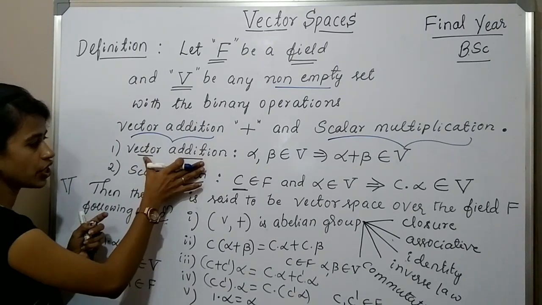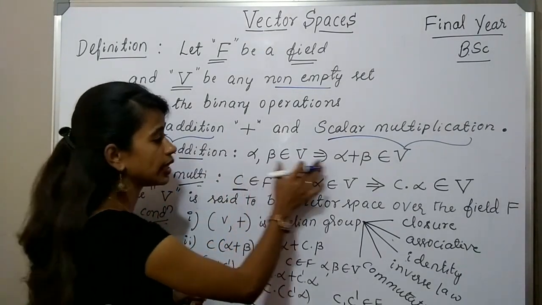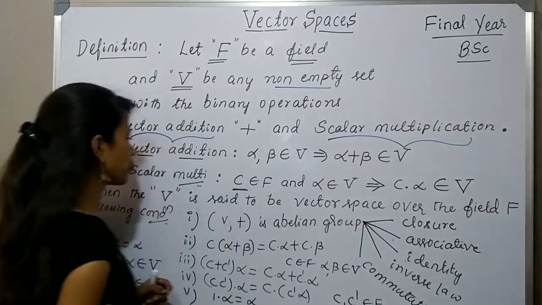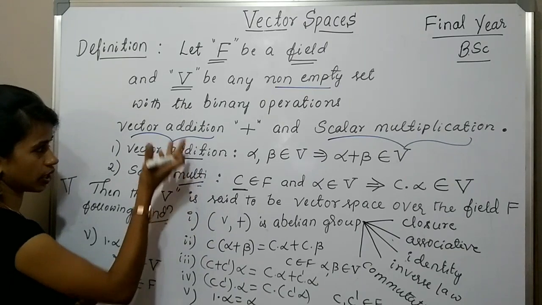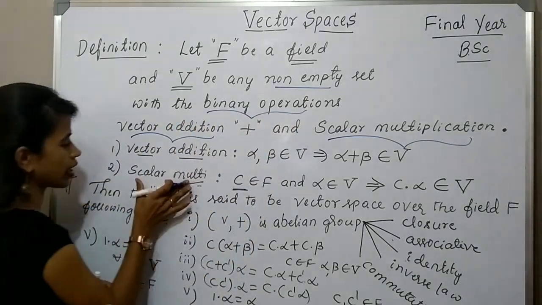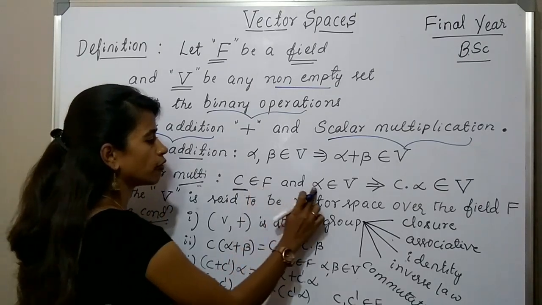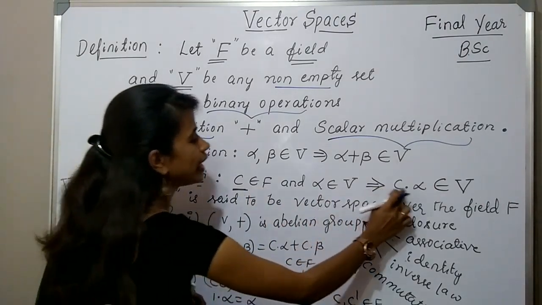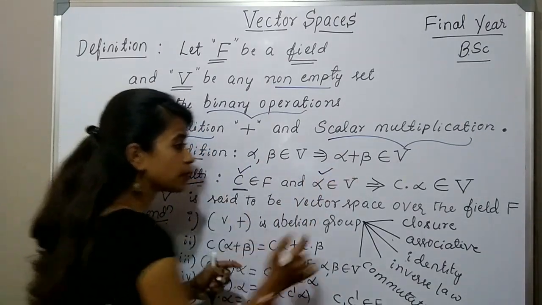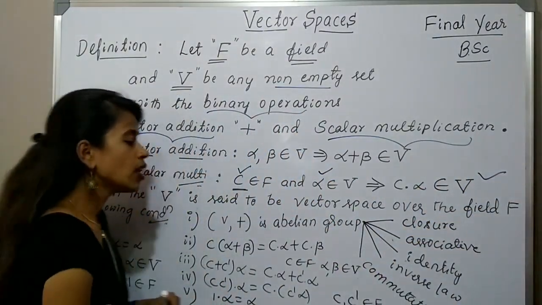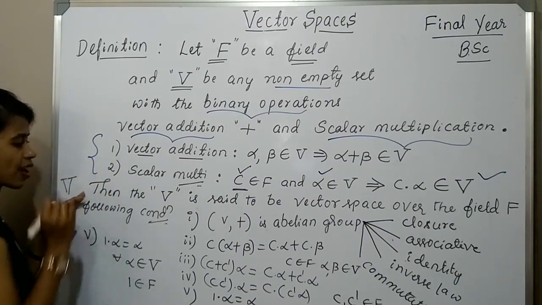Here vector addition refers to: if I take alpha, beta belongs to V, then their sum also belongs to V. Second, scalar multiplication: C belongs to F and alpha belongs to V, then C dot alpha must be in V. So these are the two binary operations.